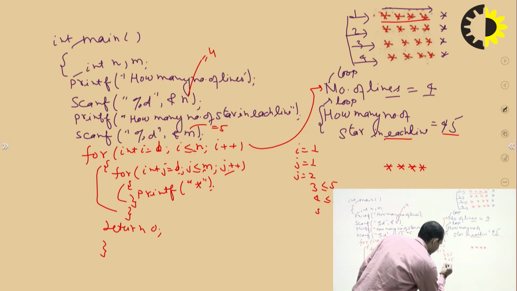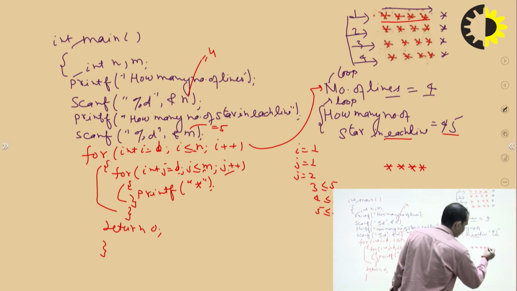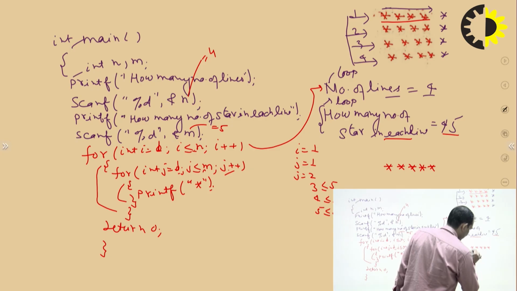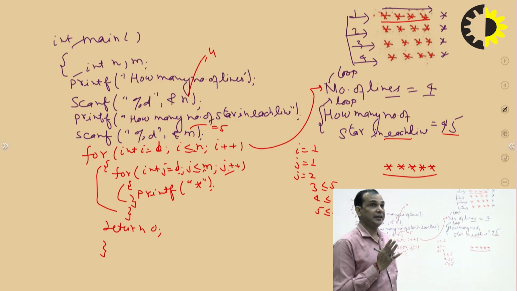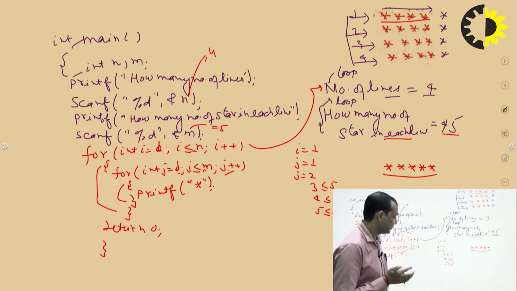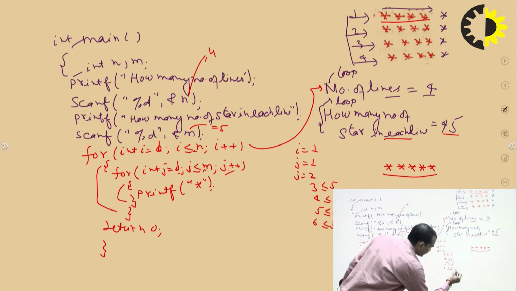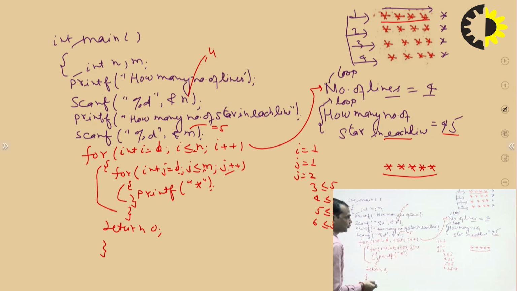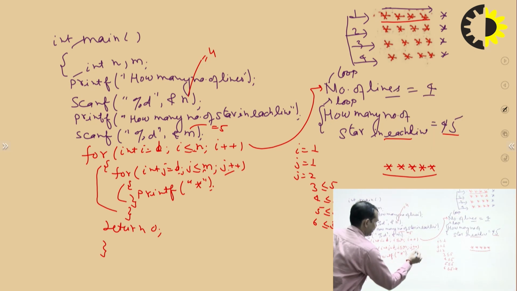So 5 is less than or equal to 5, condition is true, it will print another star. Now we have achieved the first line, we have printed 5 stars in the first line. But now 6 is less than equal to 5 means condition is false, so it will come outside from the j loop.